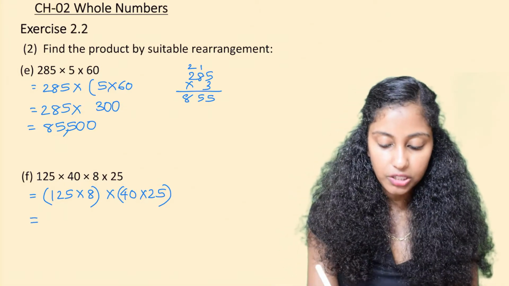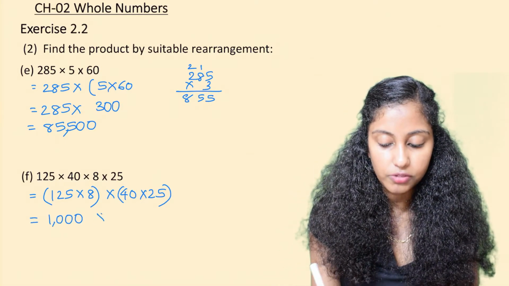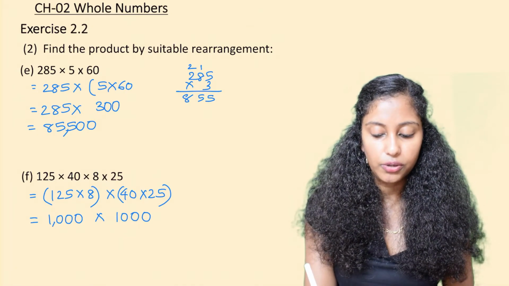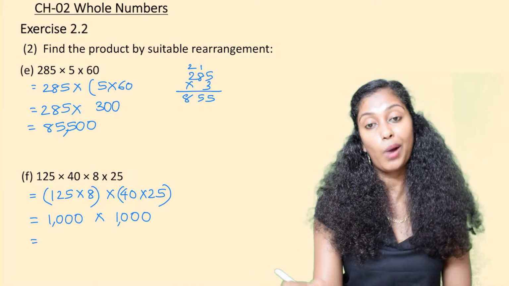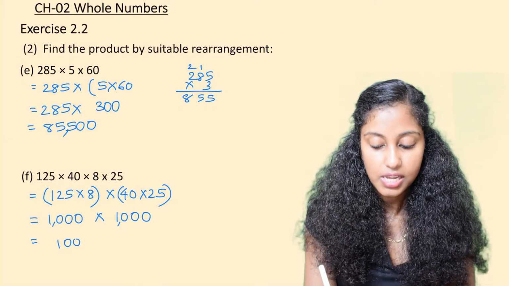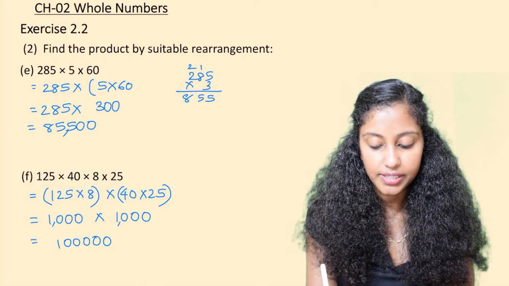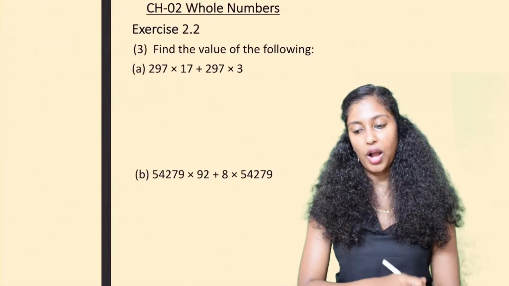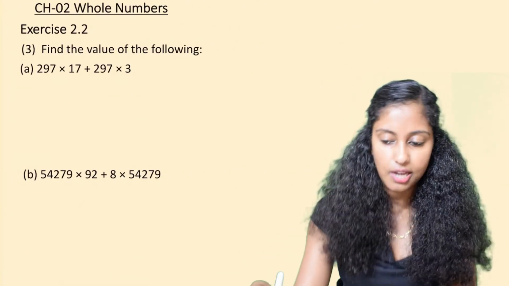So 125 into 8 we are not multiplying again because we have just checked 25 4s is 100 and one more 0, so it is 1000 multiplied by 1000. We have altogether 1 1s are 1 and there will be 6 zeros, so this gives us 10 lakh. Wow, such an easy way of solving sums. Isn't it fun?